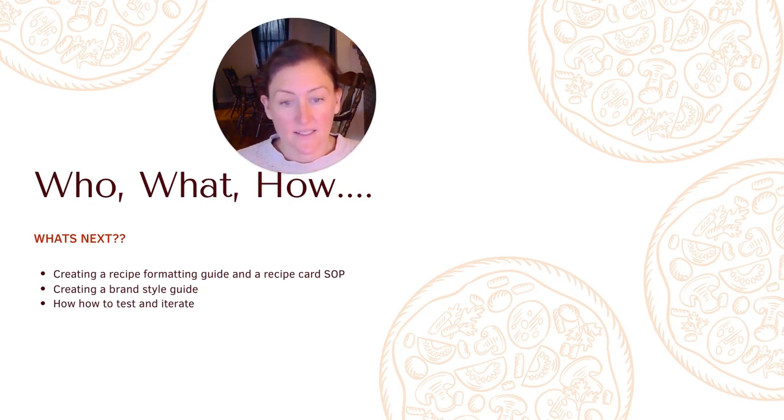What's next is going to be three more videos in this mini course. The next one, we are going to create a recipe formatting guide. Next will be the brand and style guide, and that's where you're really going to clarify who you are. The last video will be how to test and iterate.